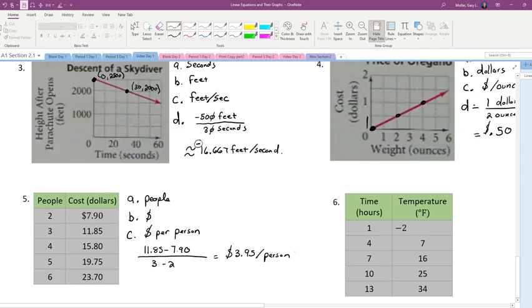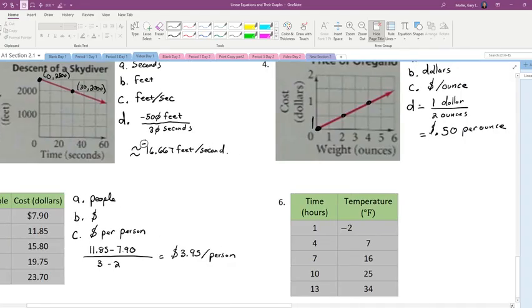All right. And then on our last one here, looks like our independent is going to be hours. And our dependent is going to be degrees Fahrenheit. Meaning our C, our unit for our rate of change, is going to be degrees Fahrenheit per hour.